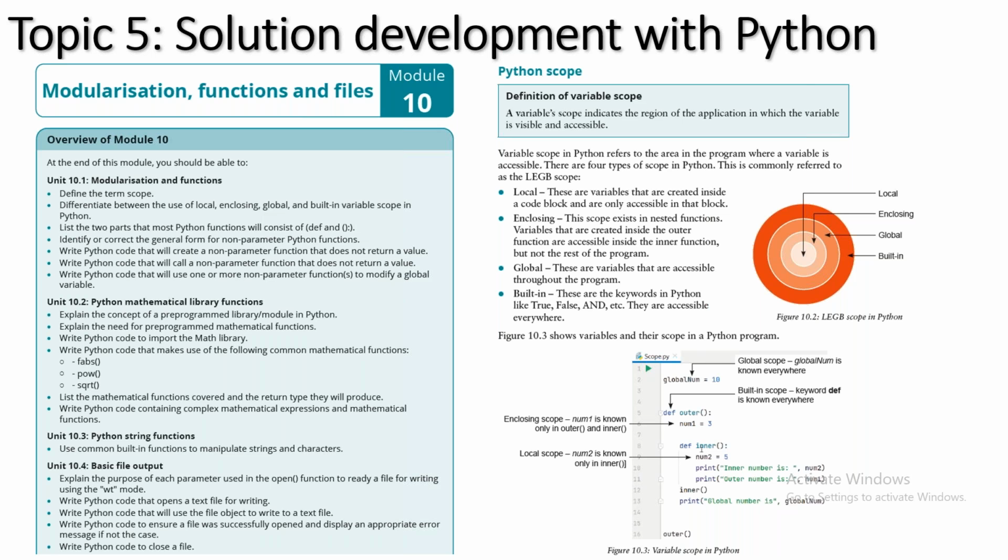Very important here, when it comes to functions, students have to be able to create functions that do not return values. And then we are also creating non-parameter functions. So we're creating very simple functions that just perform a task. You call it, and then it will perform the task that you have set out for it.